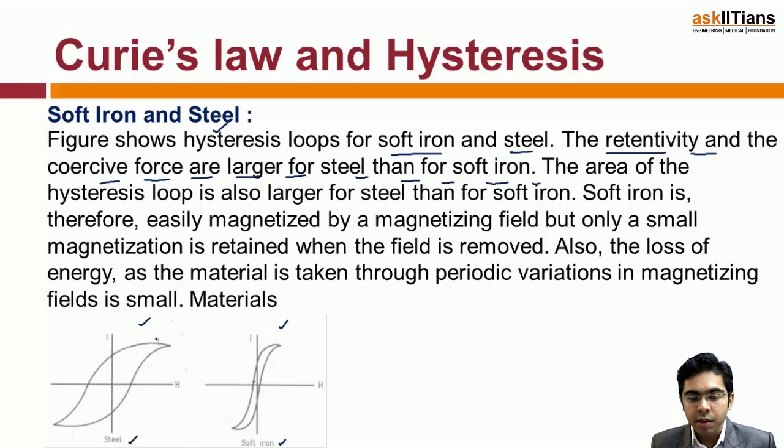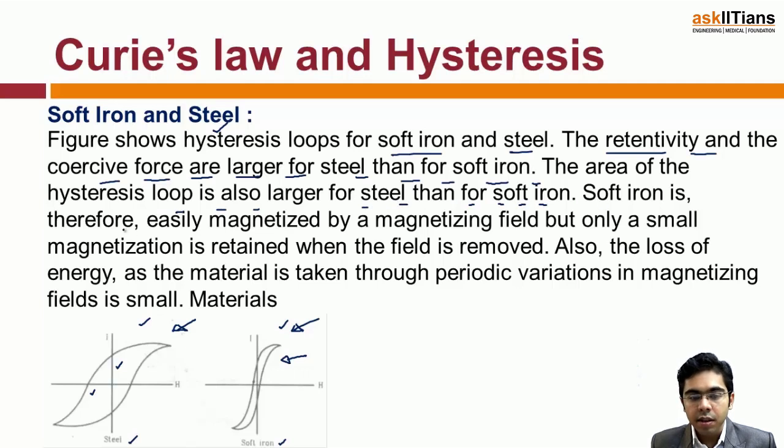We can see this from the figure: this value and this value are larger for the thicker loop as compared to the thinner one. Therefore the area of the hysteresis loop is also larger for steel than for soft iron.